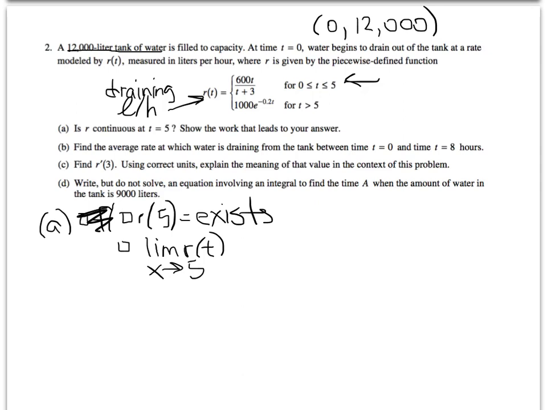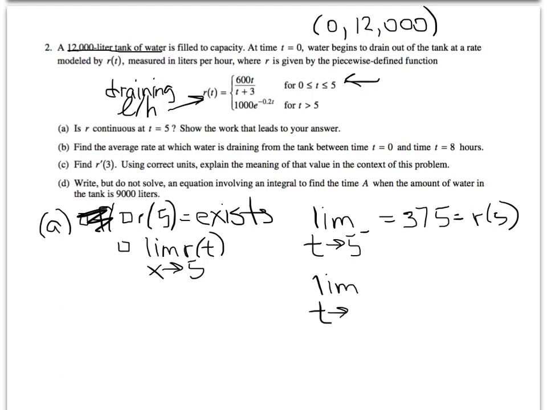As I approach the time from the left, we substitute 5 into the function. We would place 600 times 5 over 5 plus 3, and that value would be 375 at R of 5. Now if I look at the limit as I approach 5 from the right, I would substitute 5 into the function 1000 e to the negative 0.2 times 5.